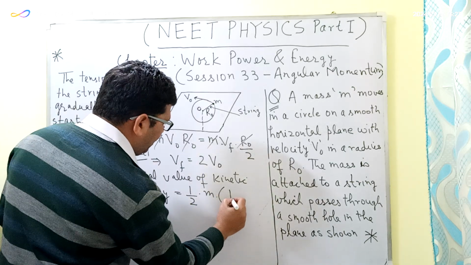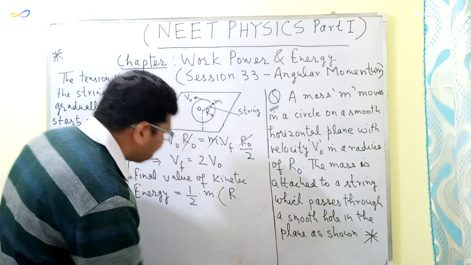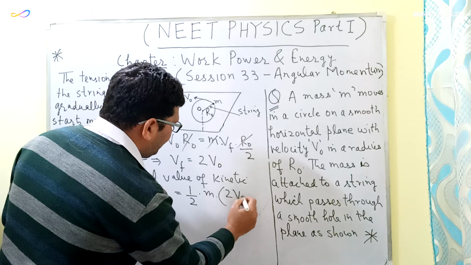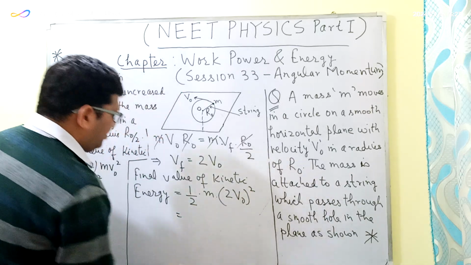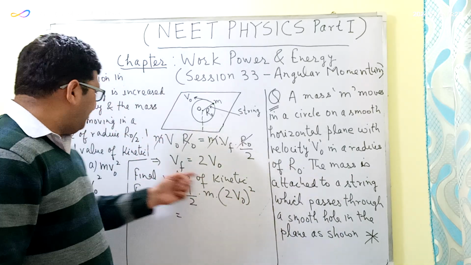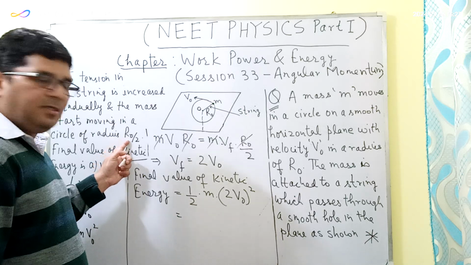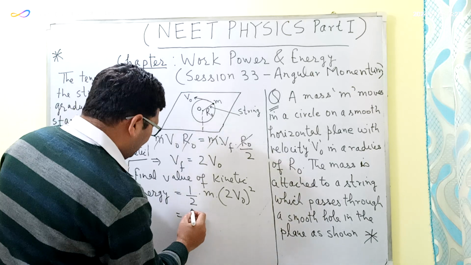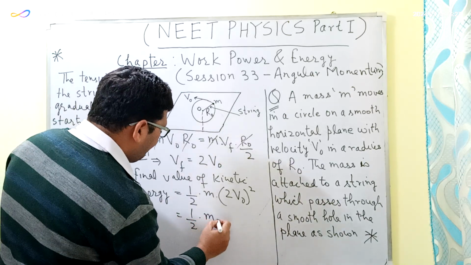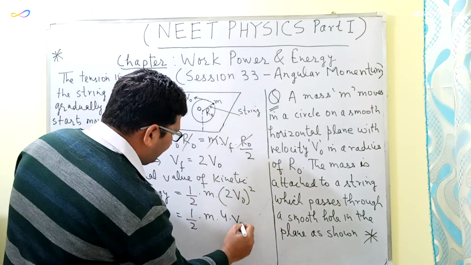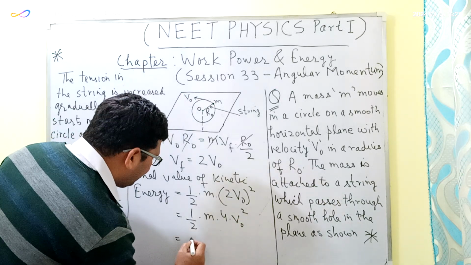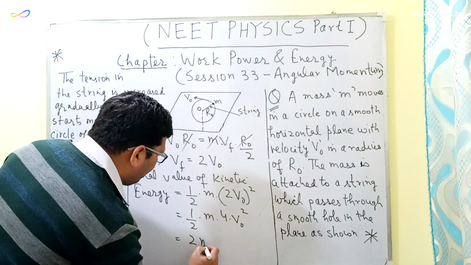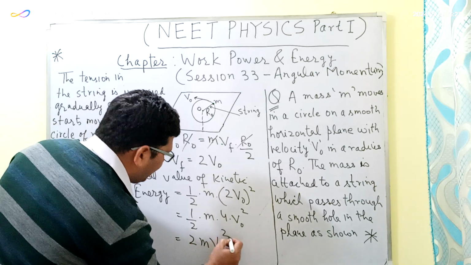This will be equal to 2 v naught whole square. This is the velocity of the object when it is rotating in the circle of radius r naught by 2. So this is equal to 1 by 2 into m into 4 v naught square, or we can say that the final value of the kinetic energy will be equal to 2 times m v naught square.